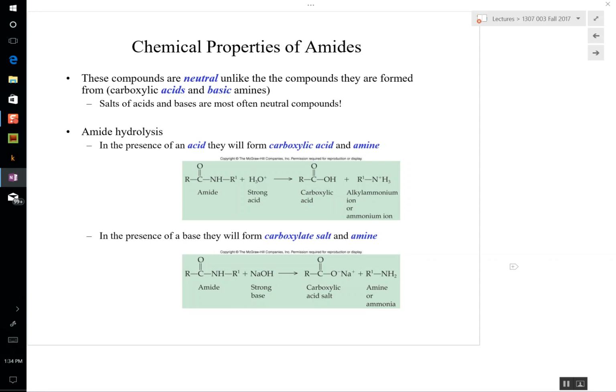Amides you can hydrolyze with a strong acid to get your carboxylic acid and an amine, or react them with a strong base, and you would get a salt and an amine. Pretty much comparable to the ester reactions, except you get alcohols instead of amines, but it's comparable to the acid hydrolysis of an ester and the base reaction with an ester.